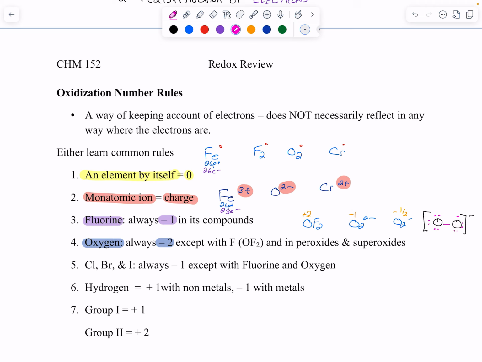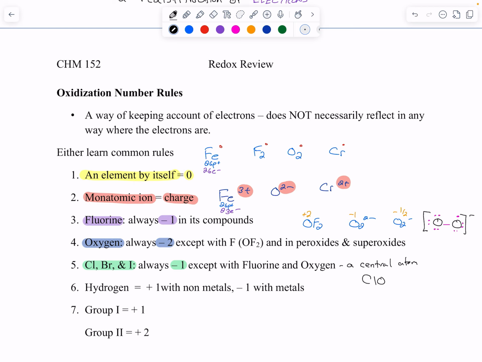All right, the halogens. Chlorine, bromine, and iodine. They like to be -1 unless they're paired with oxygen and fluorine. That means they are a central atom. What do I mean?